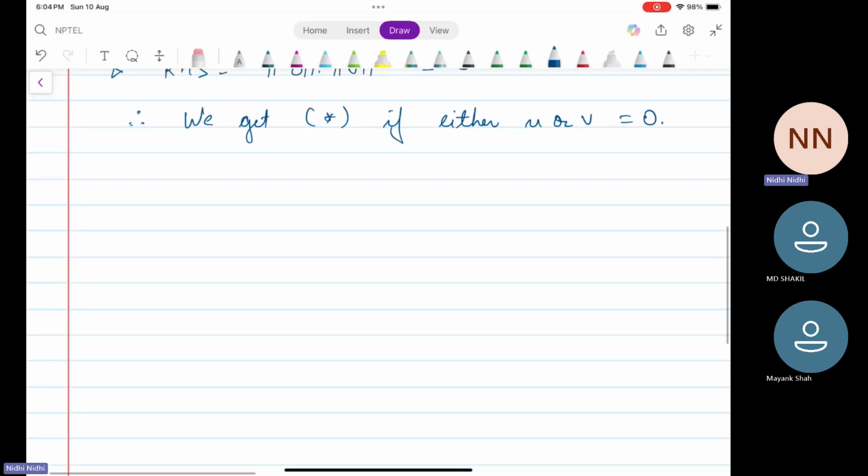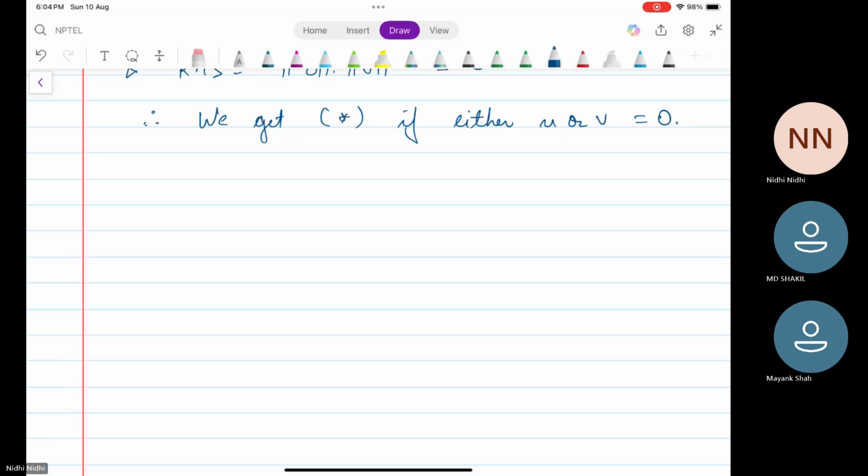Now let's look at the case when neither is zero. Suppose u and v are both non-zero.